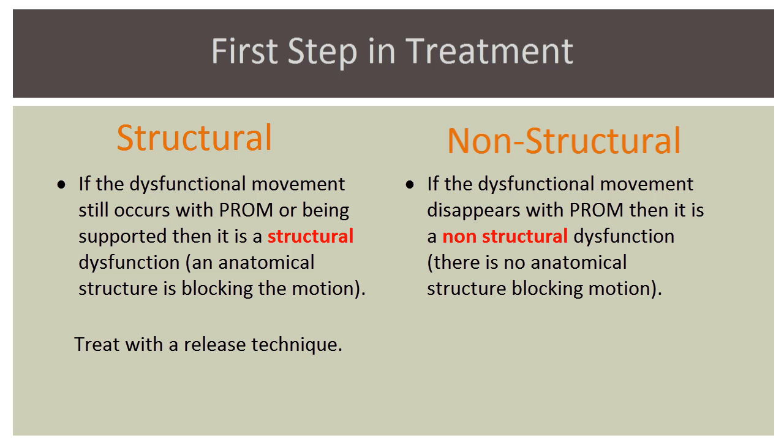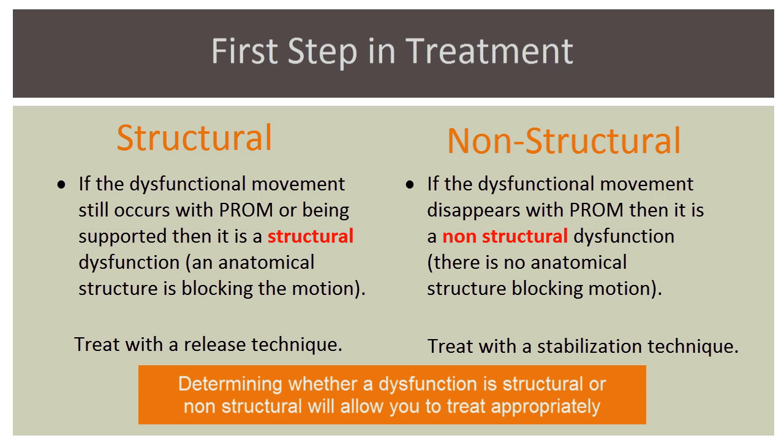And therefore, we would need to treat with a stabilization technique or go to the list of the reasons why we have non-structural dysfunctions in our patient, figure out what is the reason for our particular patient, and then treat appropriately. Again, structural and non-structural dysfunctions, determining what your patient is dealing with will allow you to treat the patient effectively. When you're not effective with your patient, you're probably treating the wrong thing.